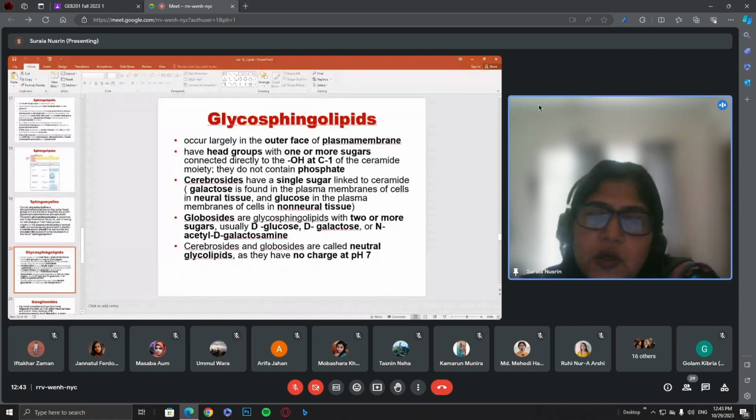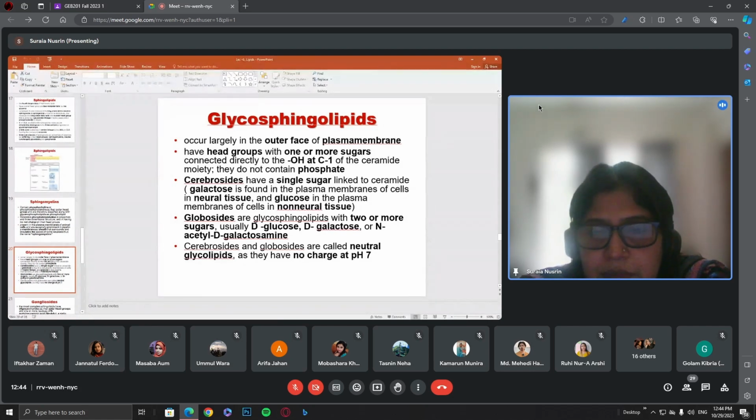The next sphingolipid is glycosphingolipid. From the name we can say that in this lipid the polar head group is sugar. A single sugar can be present as the polar head group, or more than one sugar can be present.